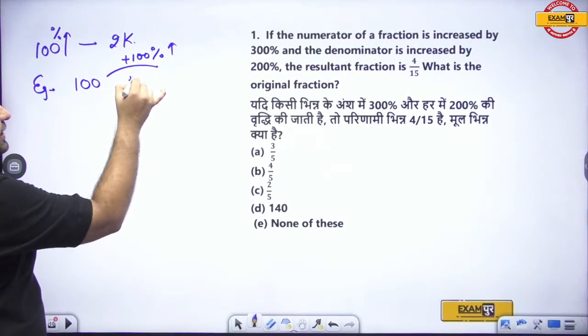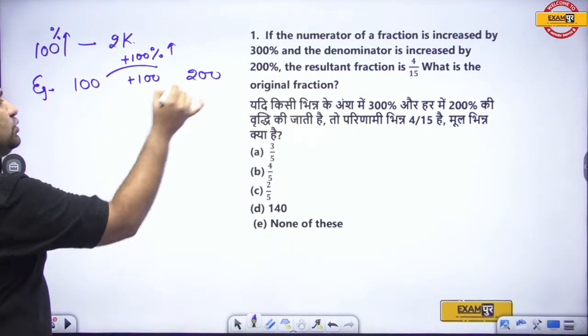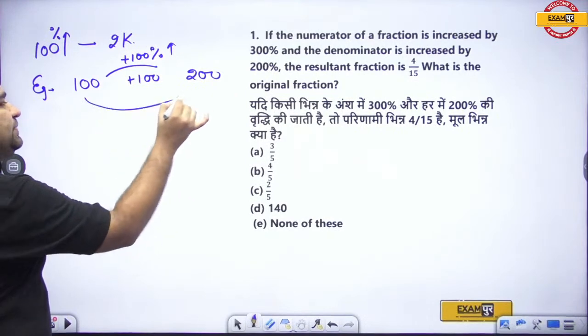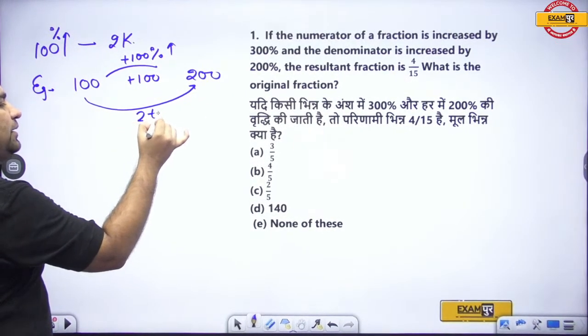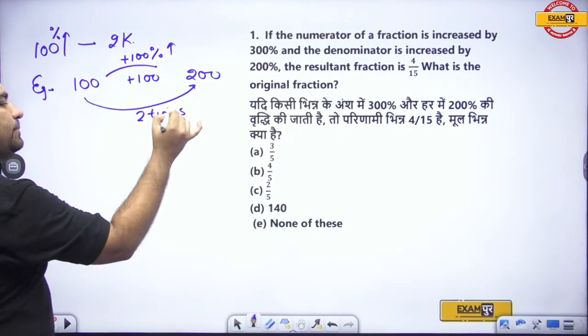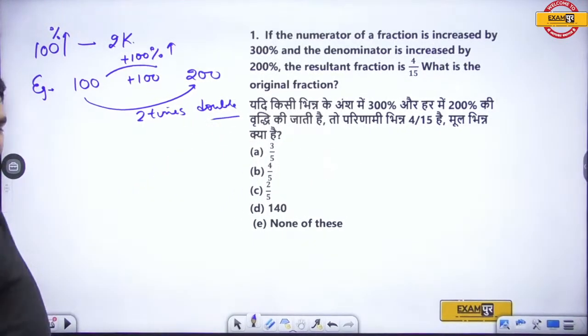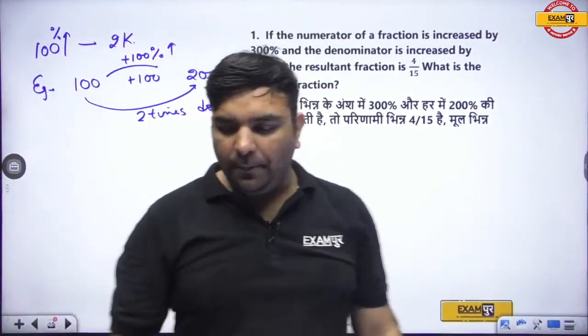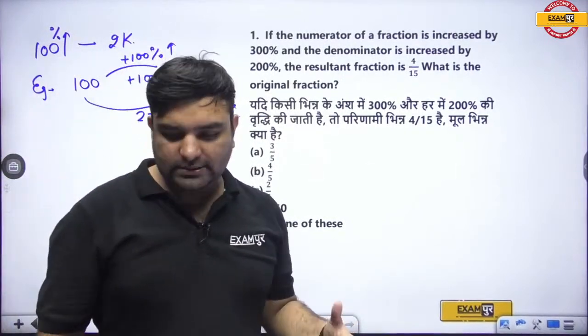So your salary increased by 100, and the new salary is 200. So can I say 100% hike is basically becoming double? Can you understand this? That 100% hike is nothing but doubling of something.